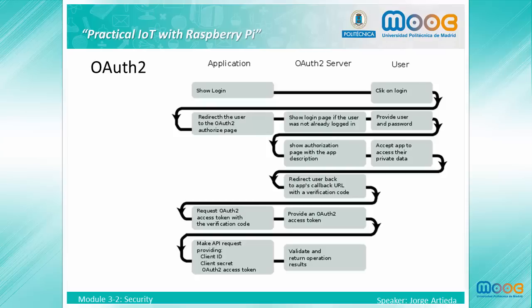When the user accepts access to their private data, the OAuth 2 server redirects the user back to the application's callback URL with a verification code. This verification code is used to request an access token that will be used to make further requests to our restricted resource.